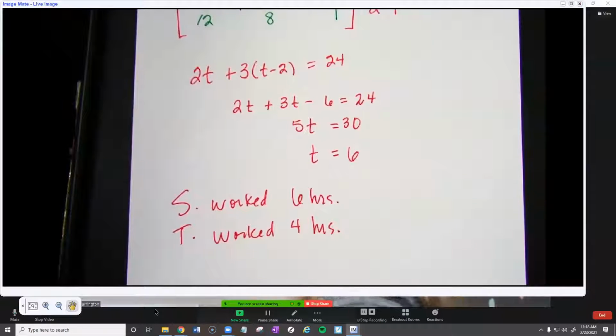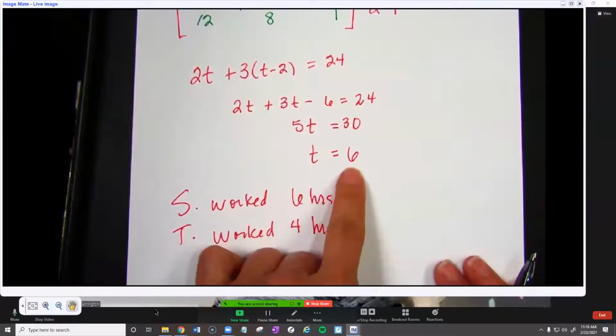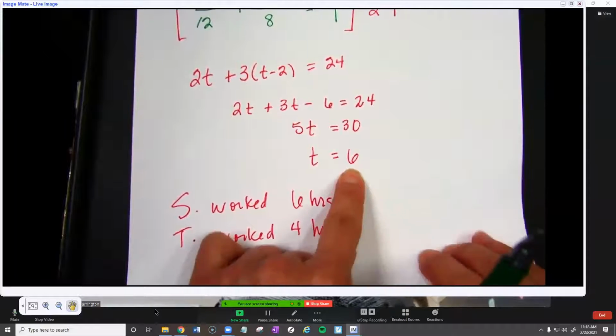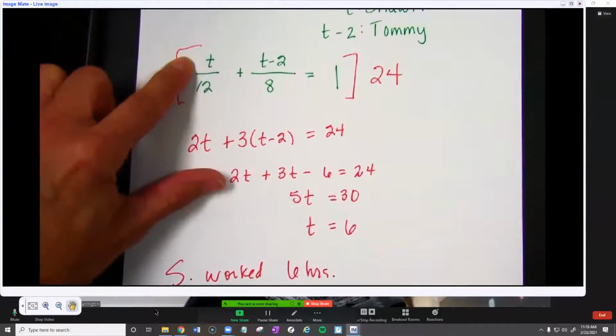You know what? This was like the last test question that I was working on, and I still have like 10 minutes. So I'm going to check it. Let me show you guys how to check it in case you want to check on a test or a quiz. So easy. You just plug in the letter T. So we got T to be a 6. So I'm going to plug in 6 right here.